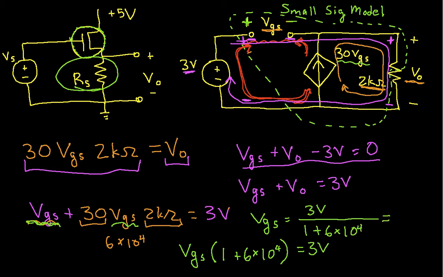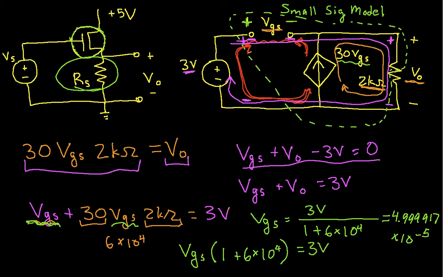And I can work this out. And I'm going to get something that's very, very close to 0. But let's see how close it is to 0. We have 3 volts divided by 1 plus 6 times 10 to the 4th, and I get that this is 4.99917 times 10 to the minus 5th.